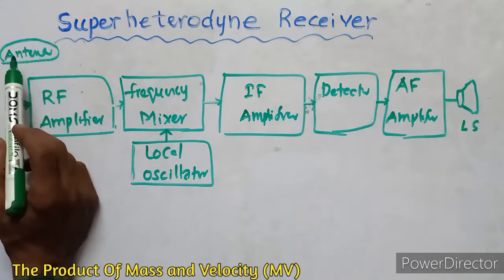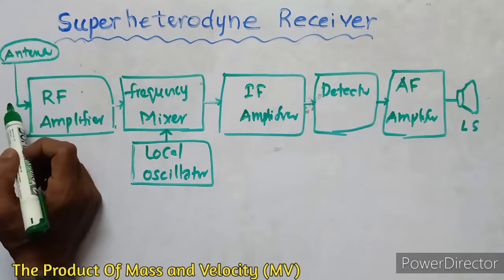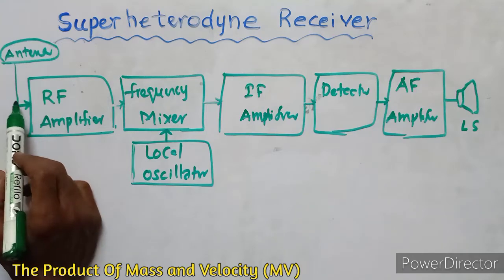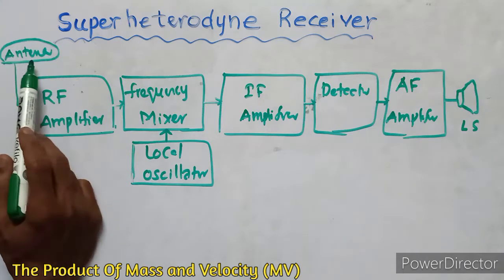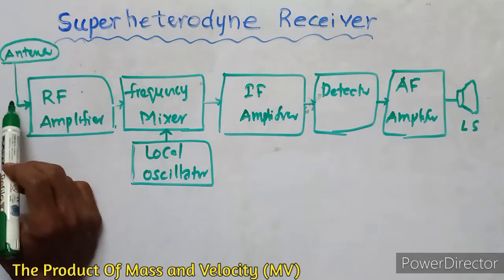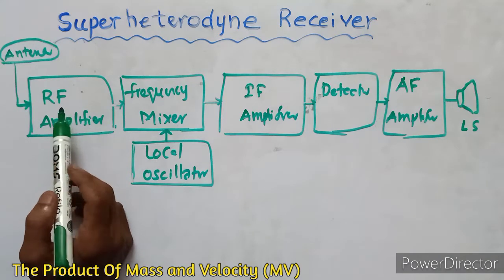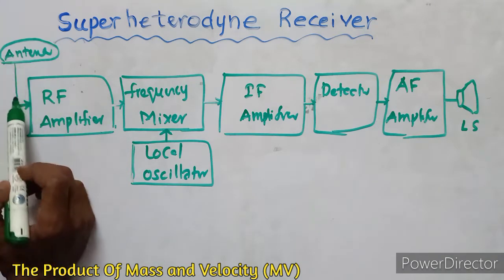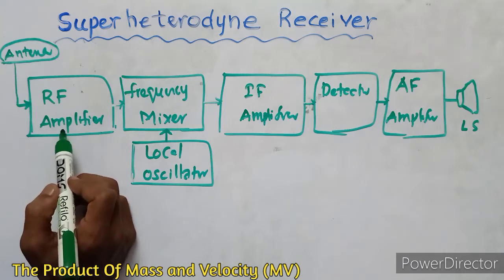All transmitting frequencies induced in the antenna are carried out. The receiving frequencies are given to the radio frequency amplifier. So the output of the antenna is the input of the radio frequency amplifier.